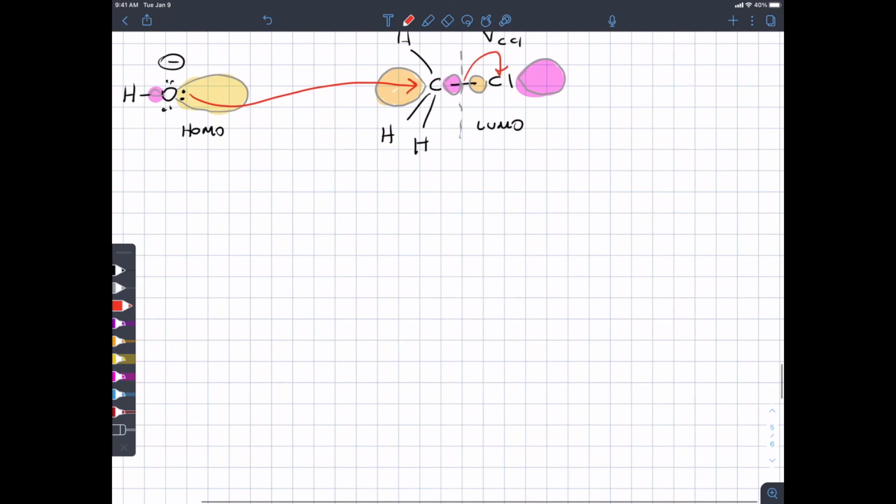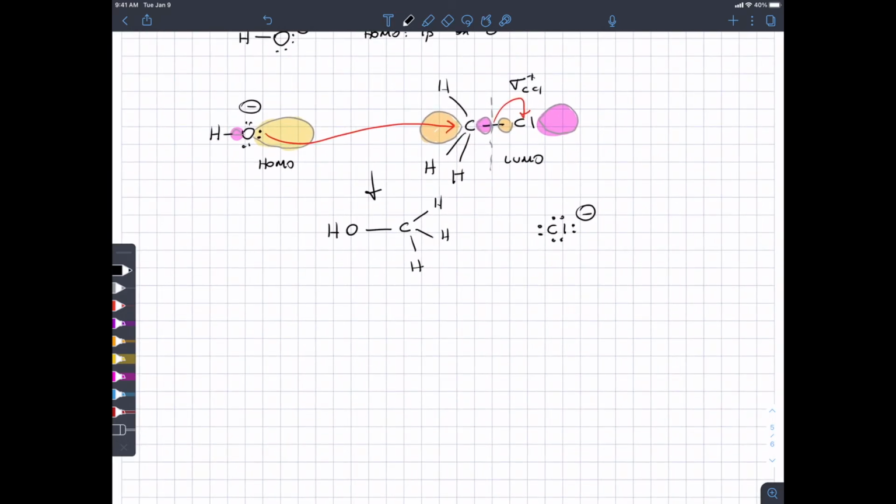Okay, so we make a new bond between the HOMO of the oxygen and where the LUMO is on the carbon, a new carbon-oxygen bond, and then we break the carbon-chlorine bond and the electrons actually leave with chlorine.